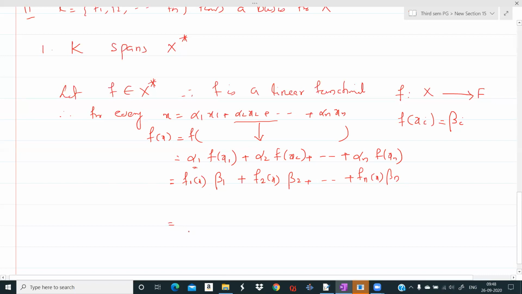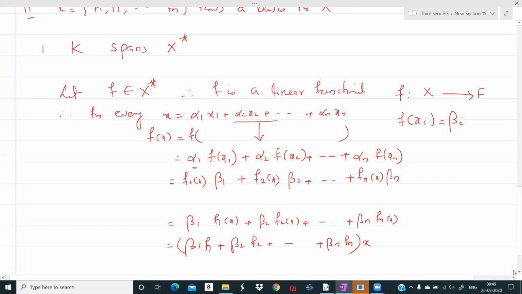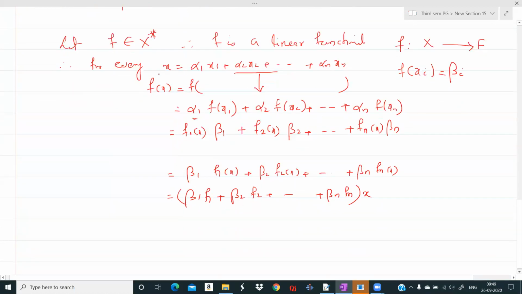So this is beta 1 f1 of x plus beta 2 f2 of x plus etc. plus beta n fn of x. And this is beta 1 f1 plus beta 2 f2 plus etc. plus beta n fn, of x. So f of x is equal to beta 1 f1 plus beta 2 f2 plus etc. plus beta n fn, of x.